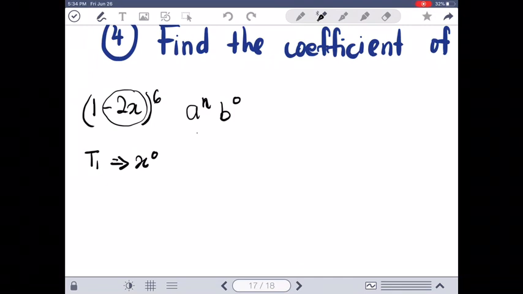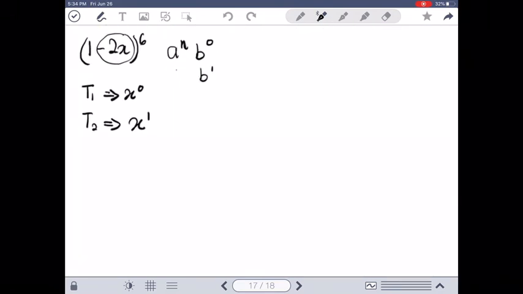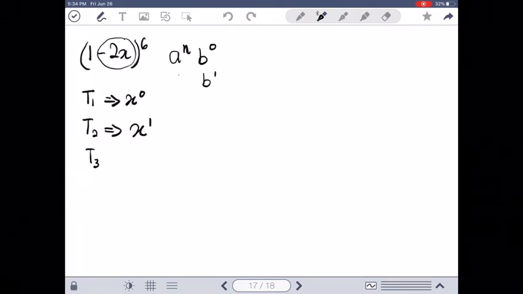And we know that for the second term, b will be to the power of 1. So it means that for the second term, we will get x to the power of 1. And the third term, we will get x to the power of 2.